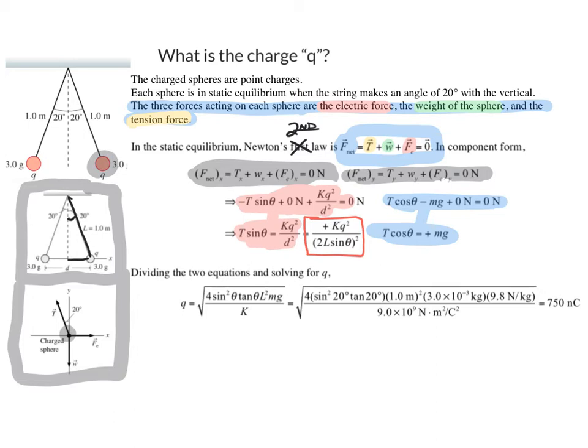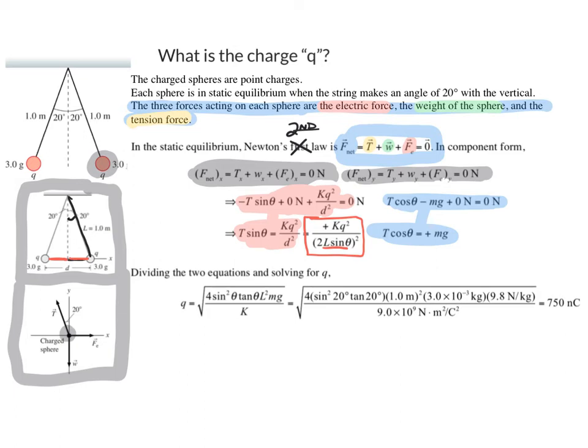And that comes from the fact that you have two of these chunks. Each one of those chunks is an L sine theta, just by using the sine.